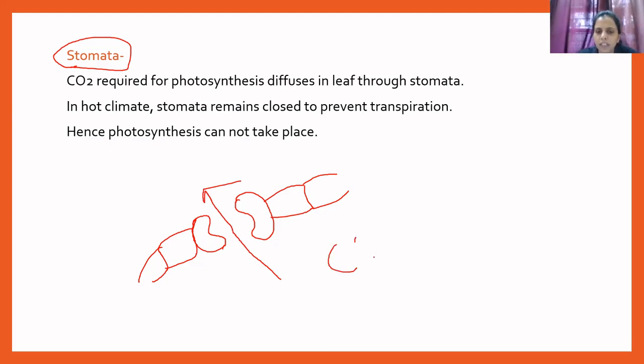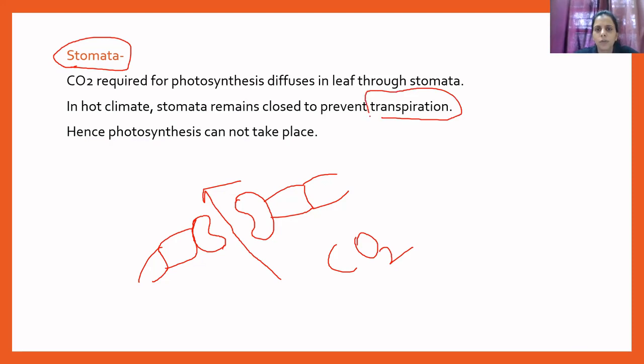Okay, so carbon dioxide gas is present in plenty in the air. This carbon dioxide gas has to move inside the leaf up to the mesophyll cells for the process of photosynthesis, and this gas always moves inside the leaves till mesophyll cells through stomata. Now due to high temperature, stomata generally close. They get closed in order to prevent water loss by transpiration.